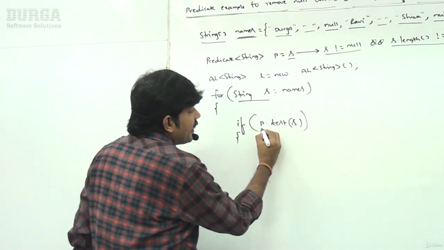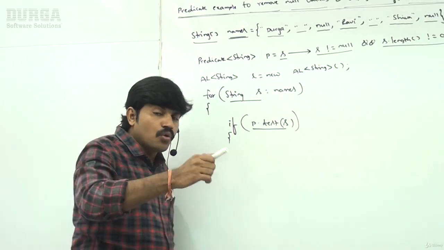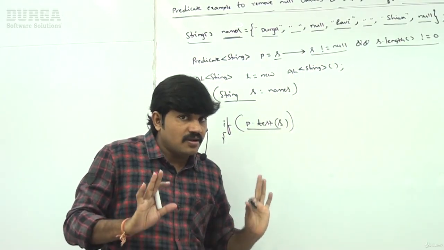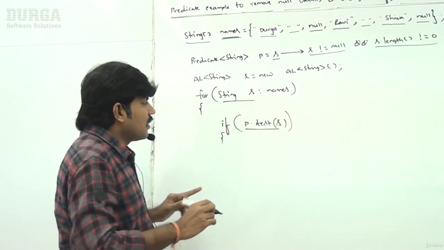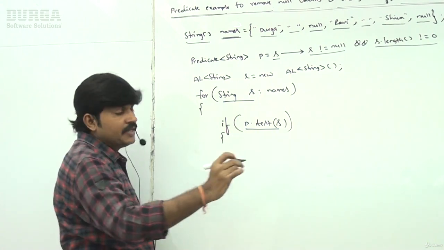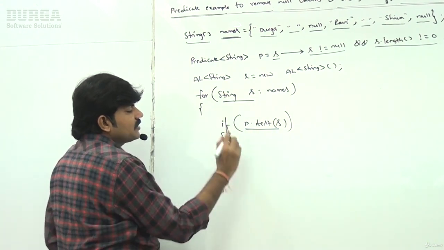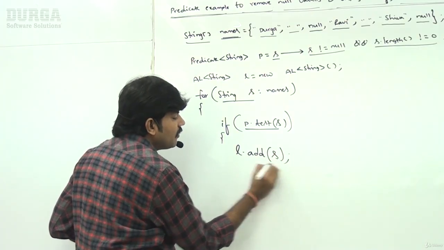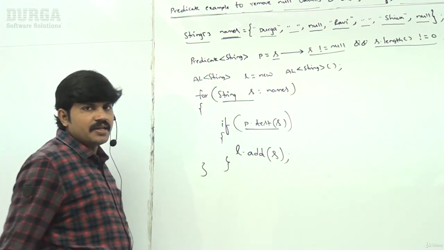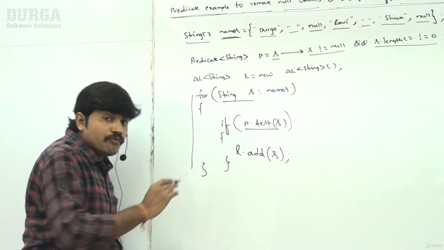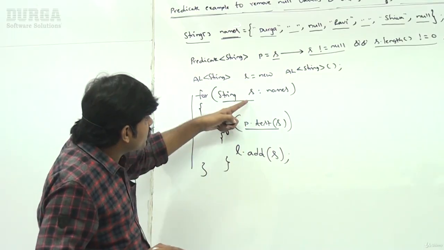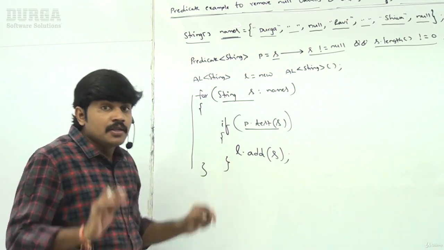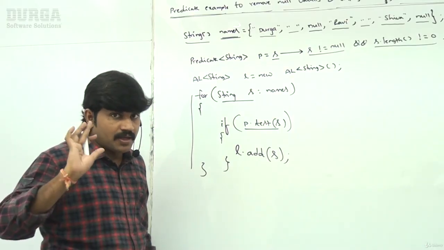If this predicate test method returns true, it means it is not null and it is not an empty string. Clear, right? Now it is a valid string, so add this valid string to this list. L.add(s), that's all. This cycle will be repeated for every string present in this array, and this logic is applicable to every string, right?